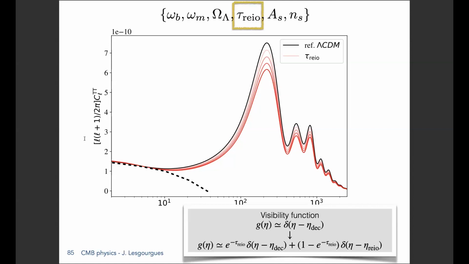With this change, we could decompose G of eta in two terms. The first term would be exactly like before, but with an overall coefficient, exponential minus tau rho. So I would get an overall factor in front, exponential minus tau rho.